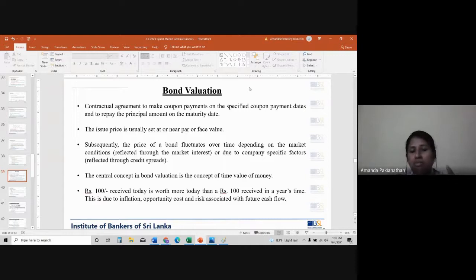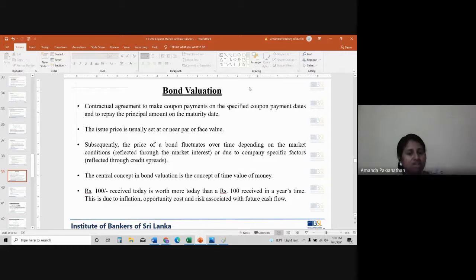It can be due to market conditions, or it can be due to company-specific factors. But due to market forces or company-specific factors, definitely the price of the bond will fluctuate and will not stay stagnant. Now, this price of the bond will become your investment.